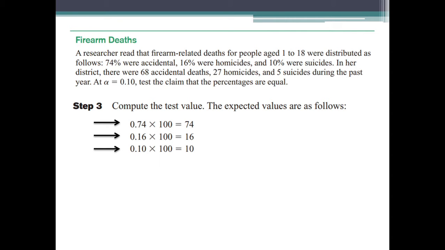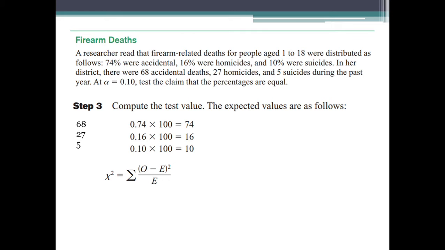And we're going to multiply it by 100 because the summation of the observed values is equal to 100, which is 68, 27, and 5. So 0.74 times 100 is equal to 74. 0.16 times 100 is equal to 16. 0.10 times 100 is equal to 10.